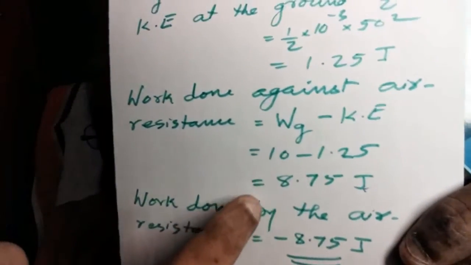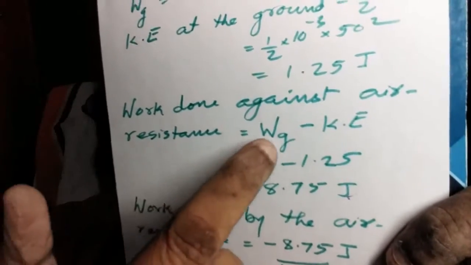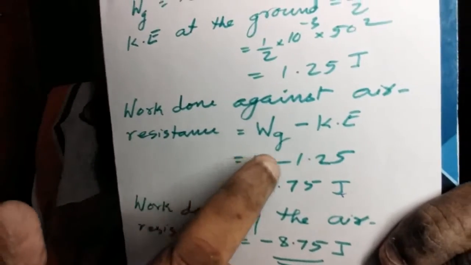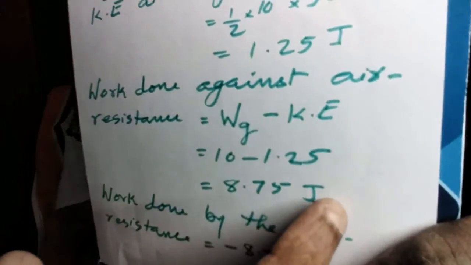So the difference must be the energy spent to overcome air resistance. So work done against air resistance is 10 minus 1.25, that is 8.75 joule.